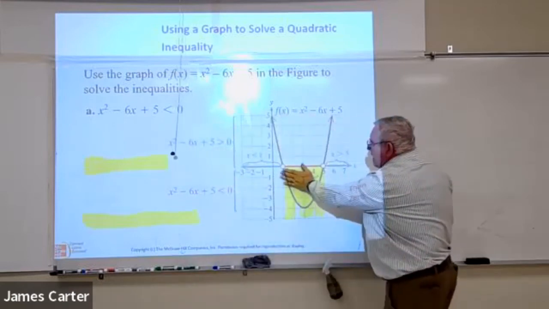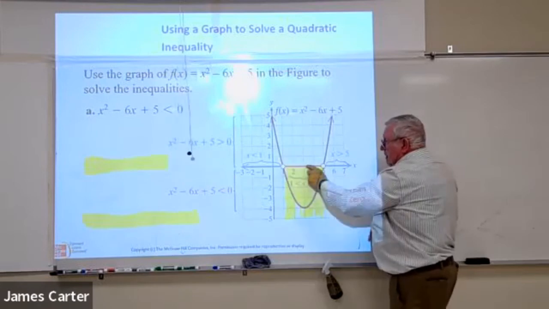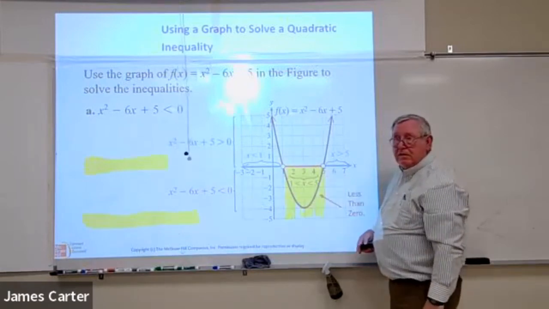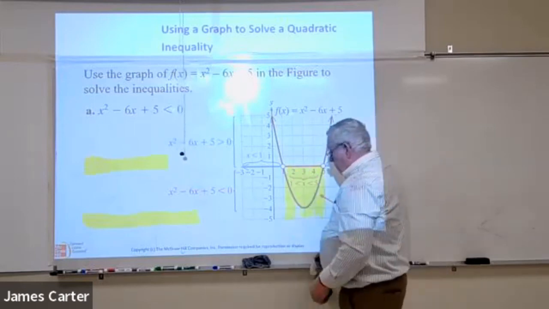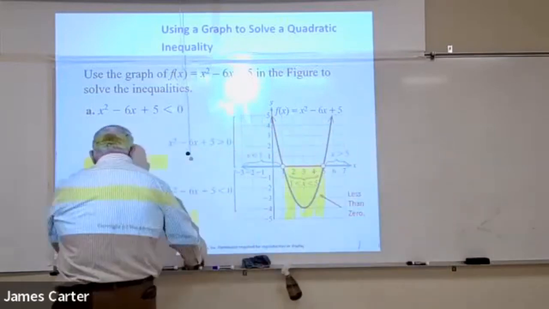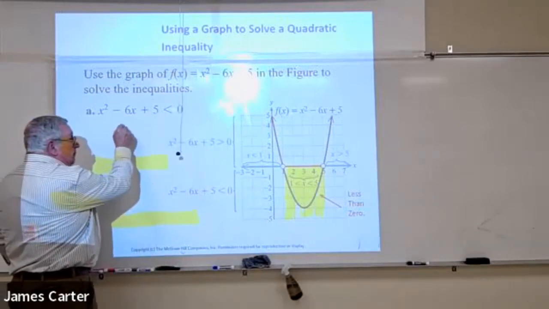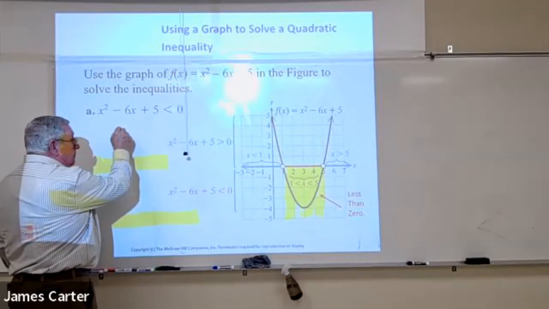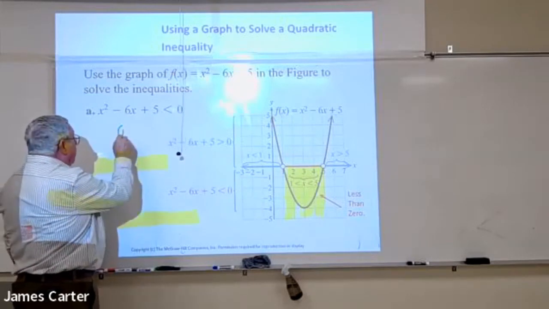So what is the answer to this question? Well, it's anything where the graph is below that x-axis. Well, what is that? Well, in this case, anything below, right? We can't include the 1.